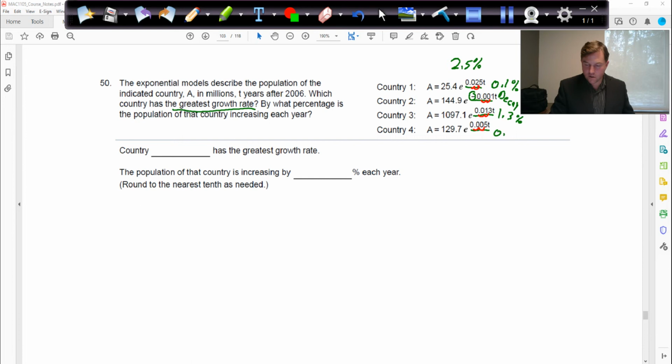And this last one is 0.5%. So just looking at the biggest number, it's clearly country 1 with this 2.5%. So country 1 has the greatest growth rate, and the percentage growth rate for them is 2.5% each year. So hopefully not too bad there, just converting from decimal to percentage.